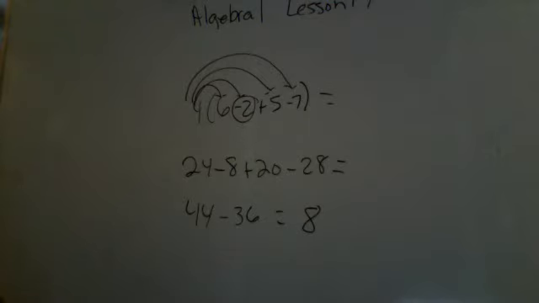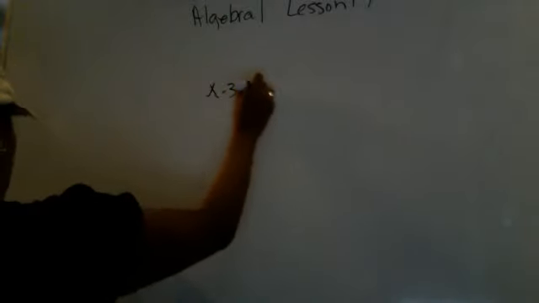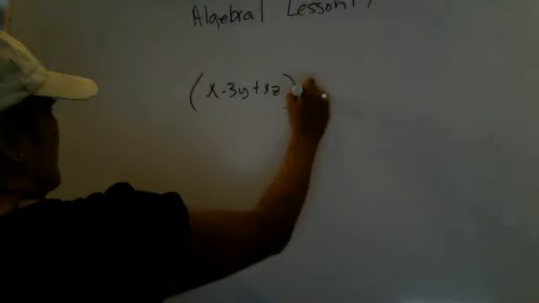So we can do the same thing with variables. So let's look at example 17.3. So we have (x minus 3y plus xz) mp.